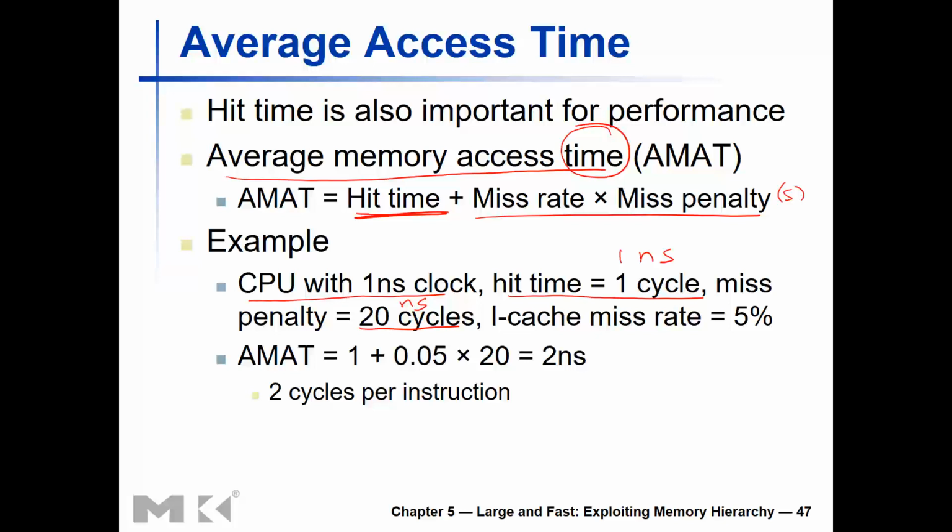It is equal to 1 nanosecond when there is a hit, plus the miss time, which equals the miss rate times the miss penalty in seconds. The miss rate is 5%, and the miss penalty is 20 nanoseconds. Add everything together, and we have 2 nanoseconds. This is the average memory access time for this cache.